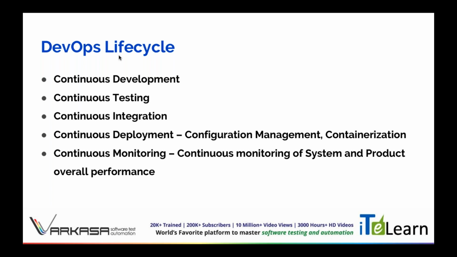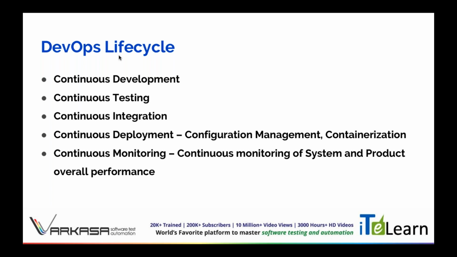Now, as I mentioned before, the operations side consists of two things, which is deployment and monitoring. On the deployment side, what they work on is configuration management and containerization. And on the monitoring side, they have to make sure that they check the system health, meaning the system performance, and also the performance of the product itself.